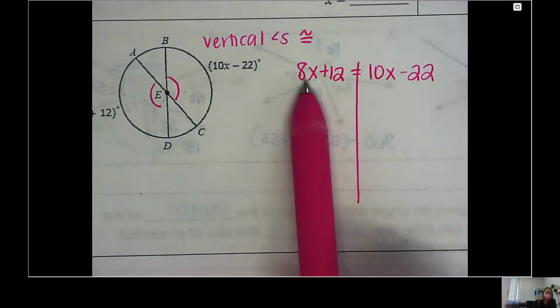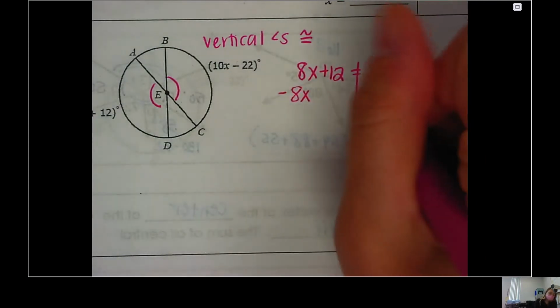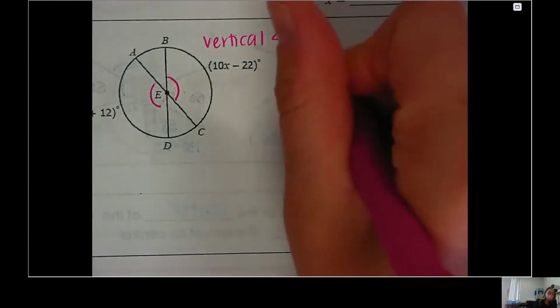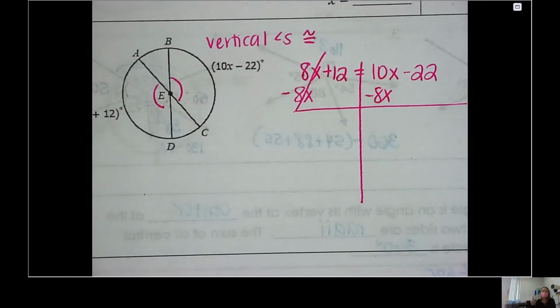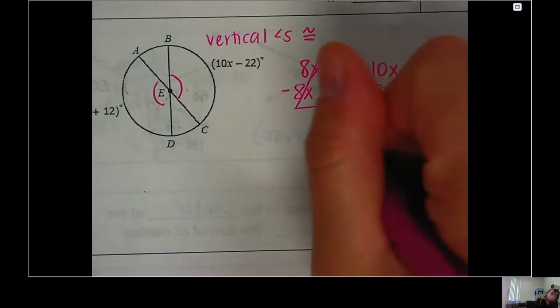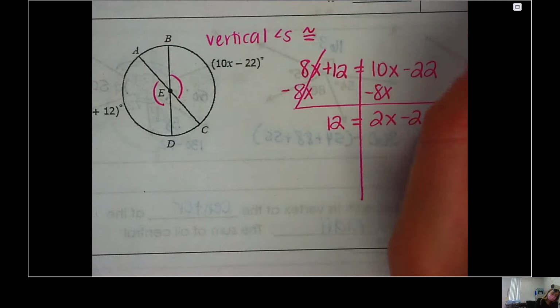So I'm going to move the 8x, and because it's positive, I'm going to subtract it. Because this one has equations only, and I didn't give you any of the angle measures, you're going to have to solve for x first before we can figure out what the angles are. All right. I got 2x minus 22. Now what?